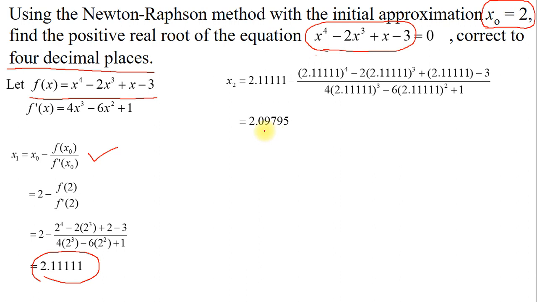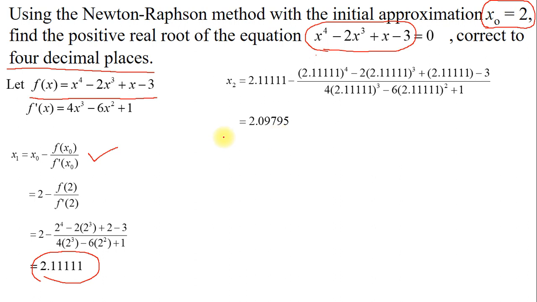Now with this, you can see that it is different from x1. Right? It means this has gone closer to the root. Now we go for the third approximation, x3, by using this.